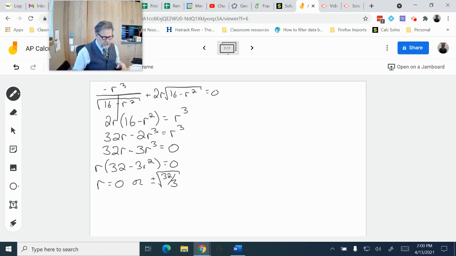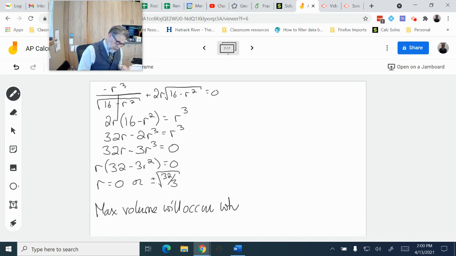Now, obviously, a radius of 0 is not going to maximize my volume. I can't have a negative radius, which means that the maximum volume will occur when the radius of my cone is the square root of 32 thirds.